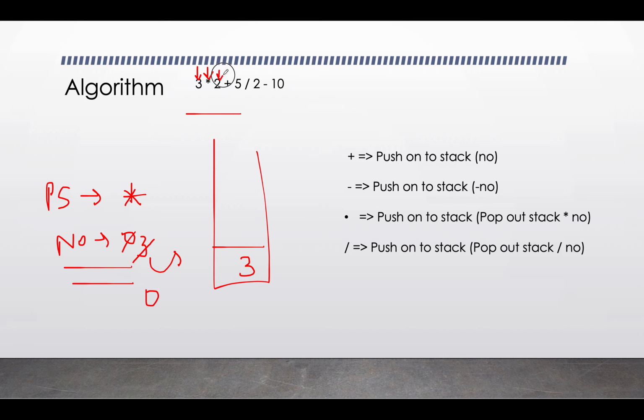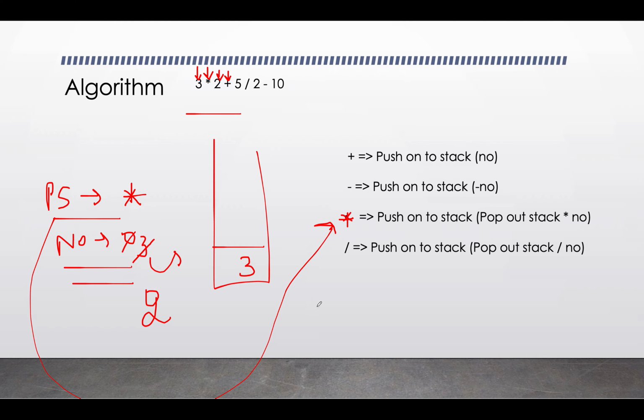Then you see 2, so you update the number to 2. Then you see an operator, a plus. Since it's a plus operator, you need to do some computation. The computation logic depends on the previous sign. What is our previous sign? It's multiplication. So you need to pop out of the stack and multiply it with the current number.